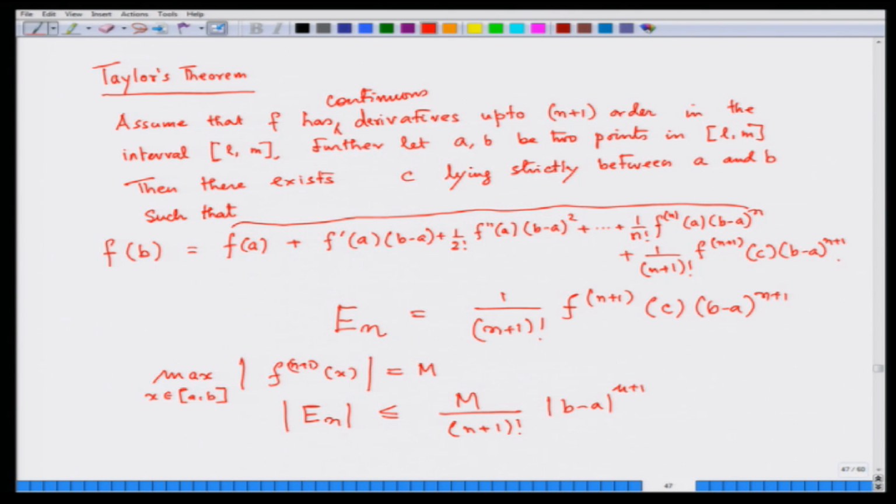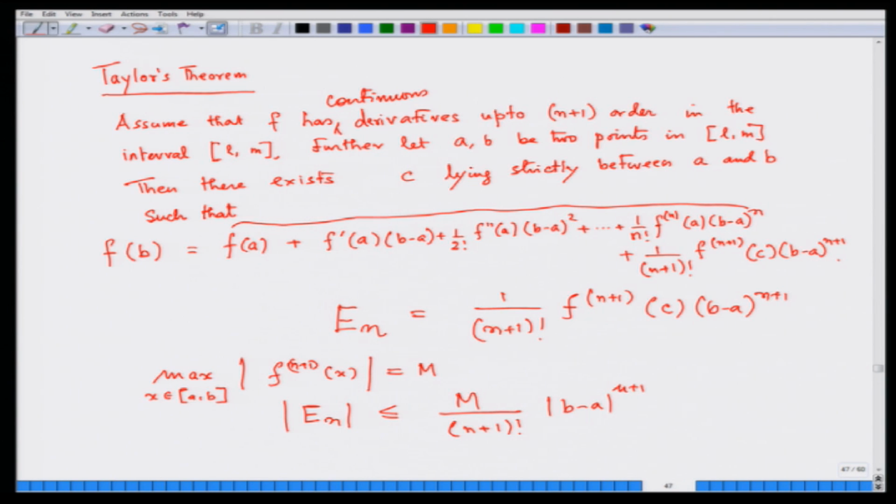So the error can also be shown to be bounded in this particular case, and that is very, very important. Suppose the distance between b and a is small, so small that it is less than 1. As n becomes bigger, this part will go to 0 and this part will also go to 0.